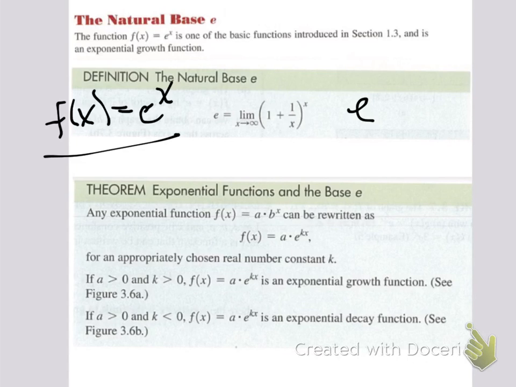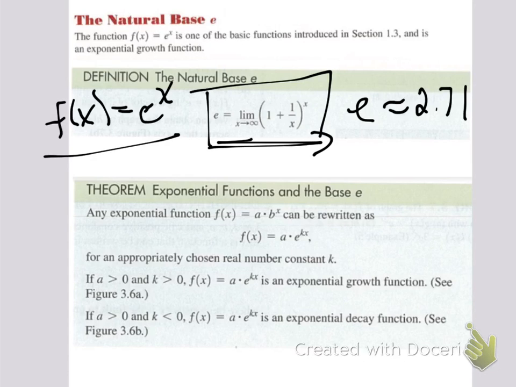The definition of the natural base e is telling us that e is approximately 2.71. So as x goes to infinity, the limit, or what this is going to approach, is approximately 2.71. That's all this is saying right here.